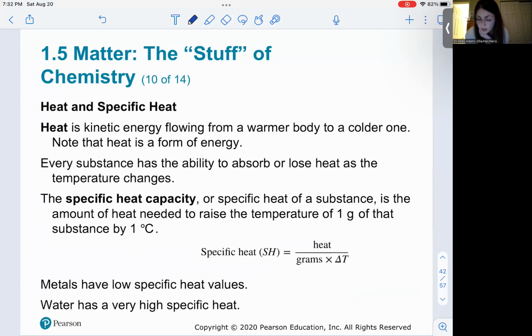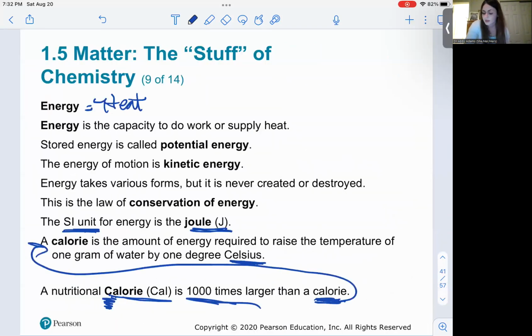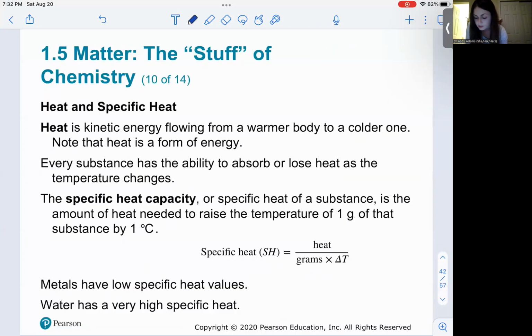So whenever I was telling you just now that calories and energy were going to have a lot to do with maintaining your body temperature, that's all because of specific heat. Okay, heat and specific heat. Just in general, you know that heat is kinetic energy.